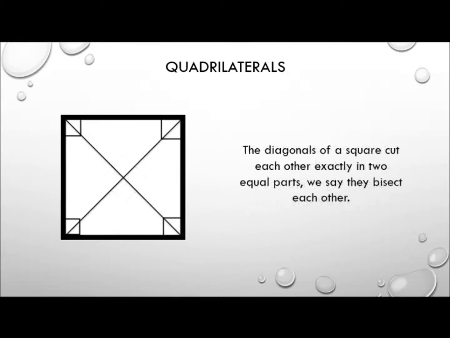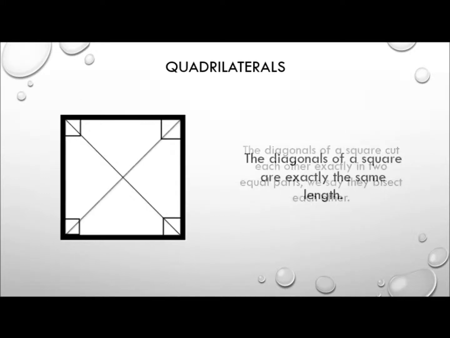The diagonals of a square cut each other exactly in 2 equal parts, so we say that they bisect each other, and we've already discovered that the diagonals of a square intersect each other at an angle of 90 degrees, so they are perpendicular. So we can say that the diagonals of a square are called perpendicular bisectors. Also, the diagonals of a square are exactly the same length.